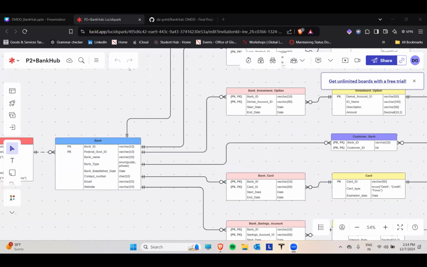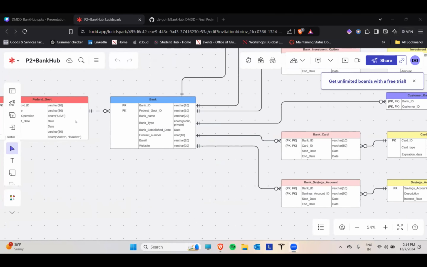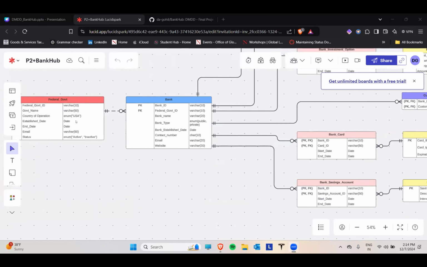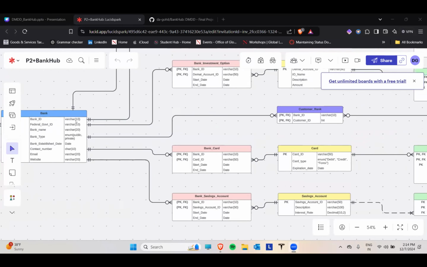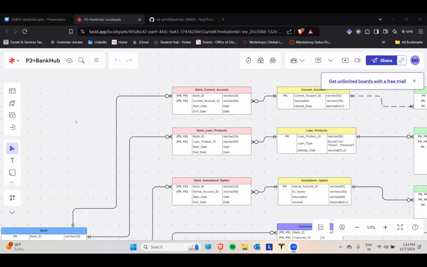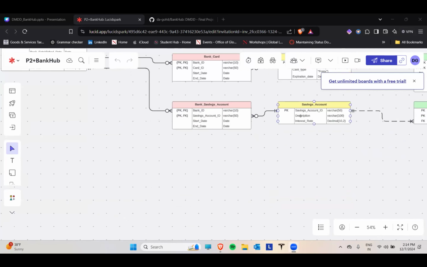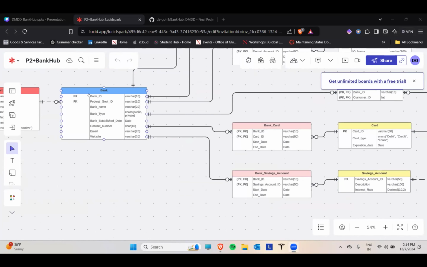So for each of the entities, let's take an example. You have a savings account and you are mapped to a bank, let's say Bank of America.